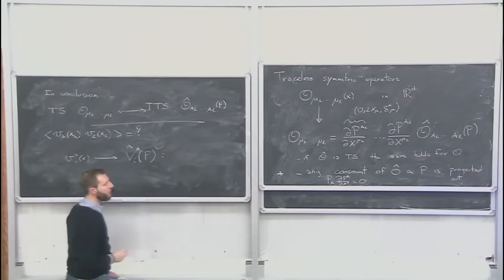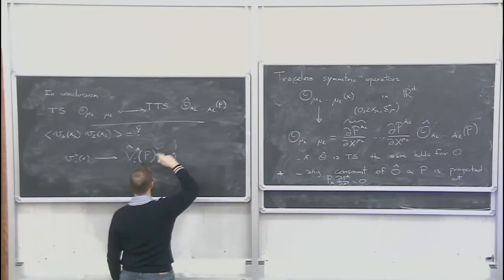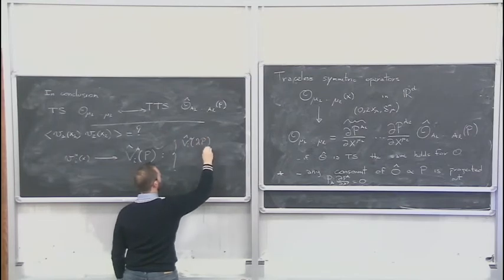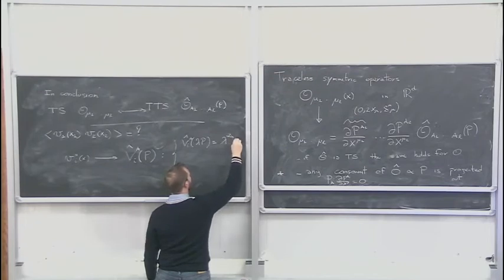It has to be homogeneous with scaling dimension delta_v, so v hat a of lambda p has to be lambda to the minus delta_v, let's call it delta_I, times v hat of p.